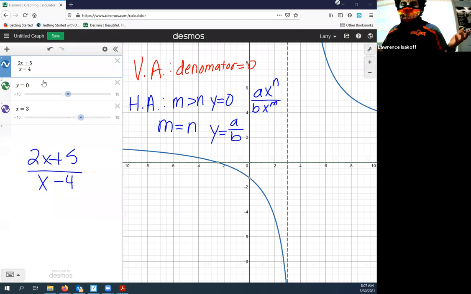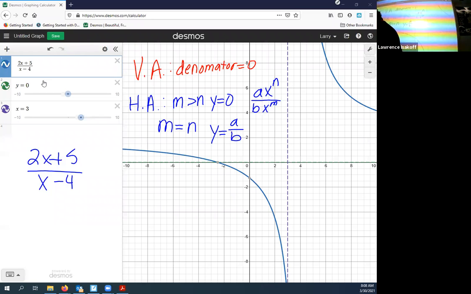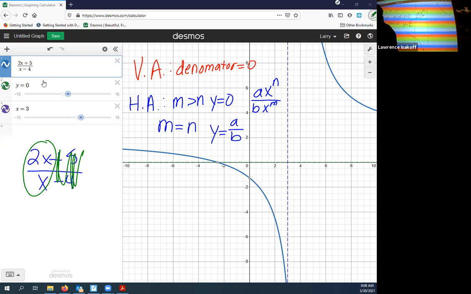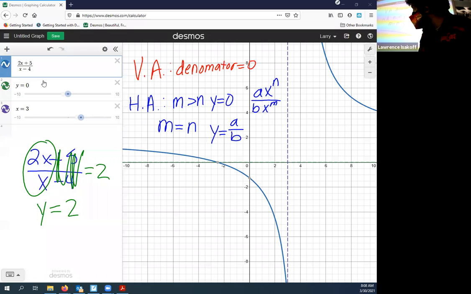No. You guys are correct. That's not going to do much at all. So essentially I'm going to ignore that part. I'll just look at it as 2x over x. Well, 2x over x will reduce to just 2. So that's going to be y equals 2 for my horizontal.